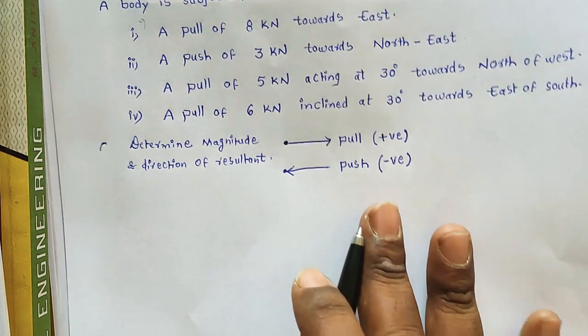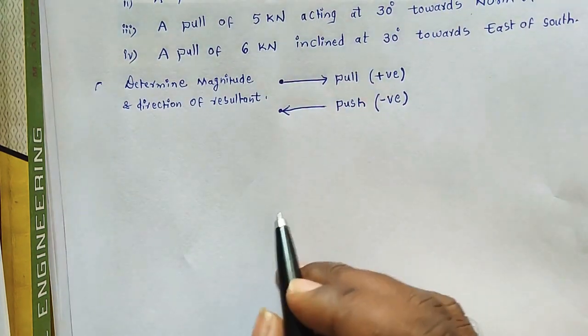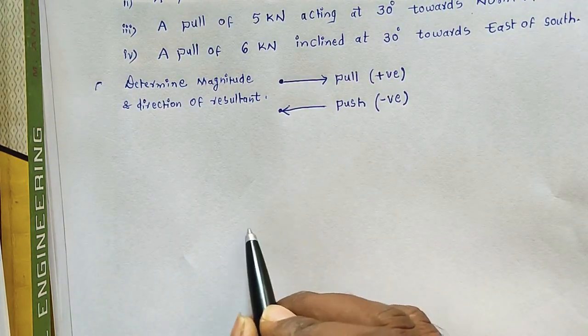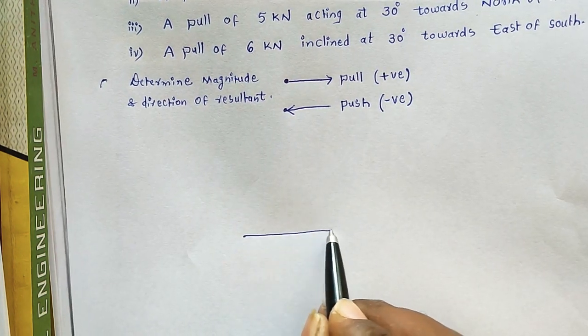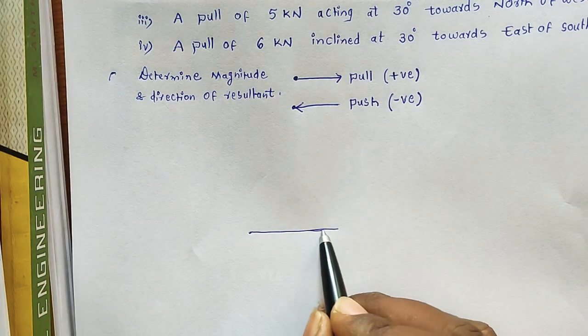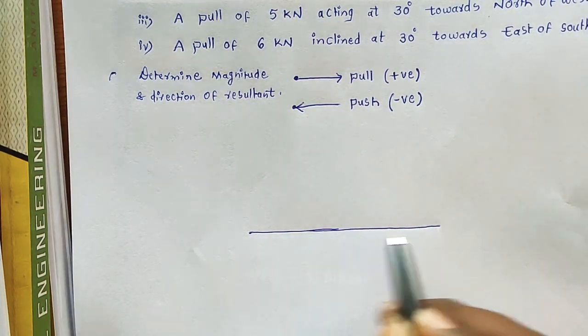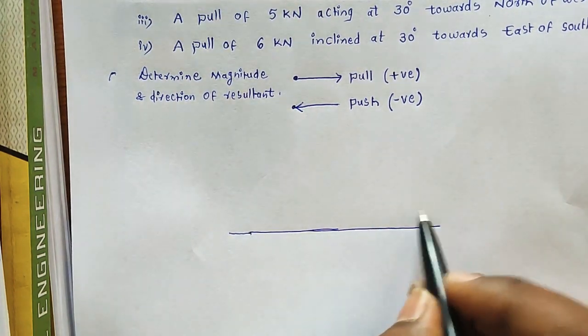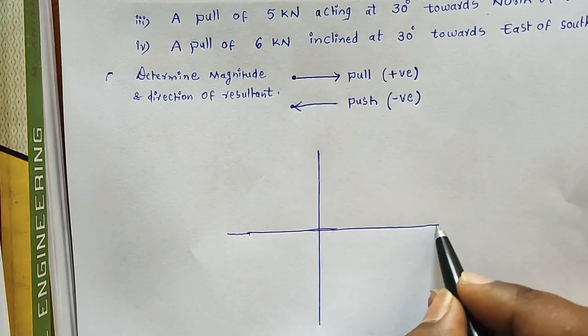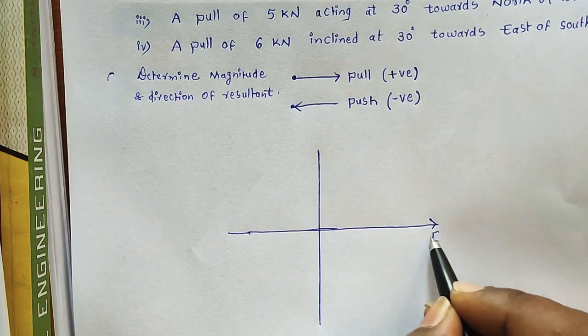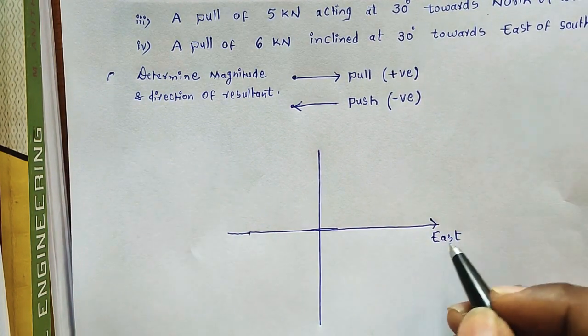Normally we already know the 4 directions. This is east direction.